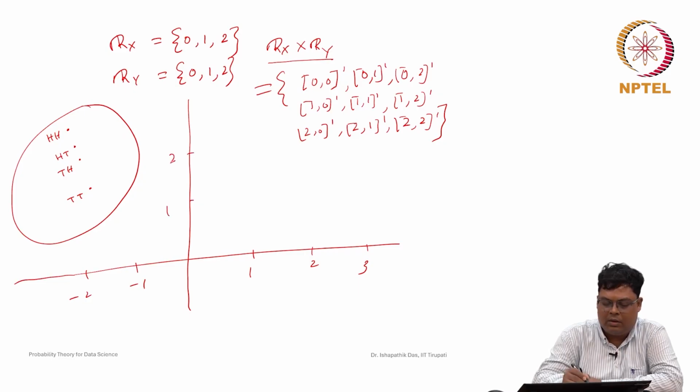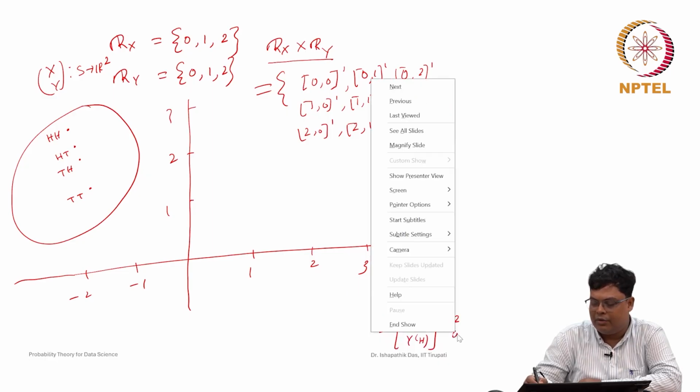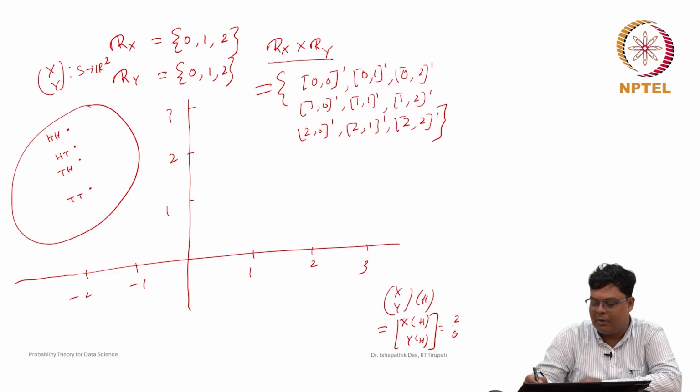Now, under this random variable (X, Y), which is a function from S to R2, what is (X, Y) of head head? This is defined by X of head head, Y of head head.